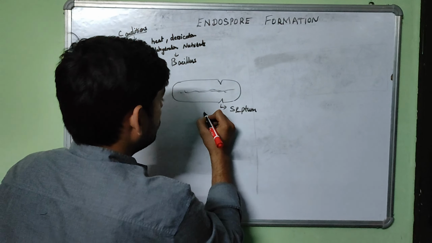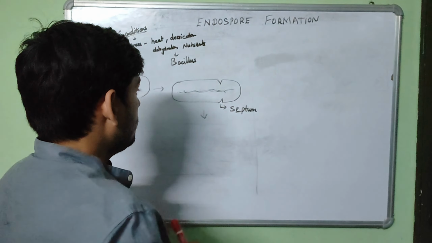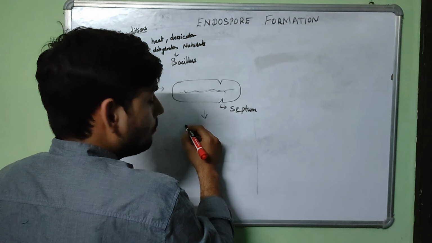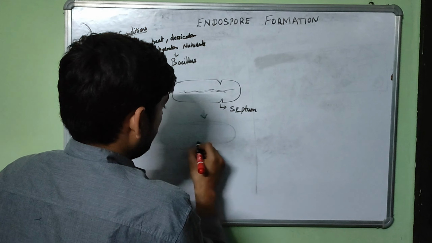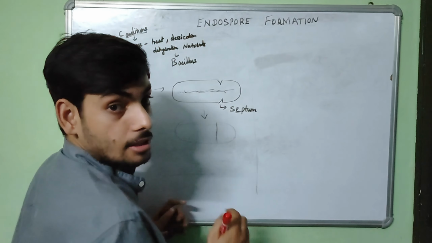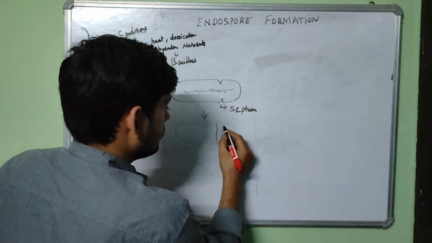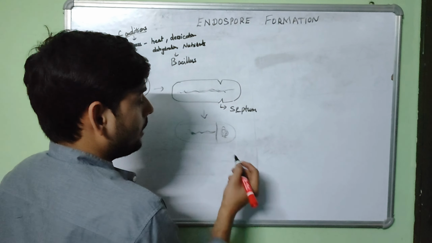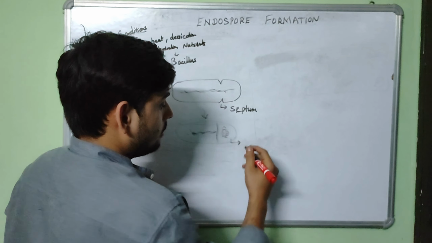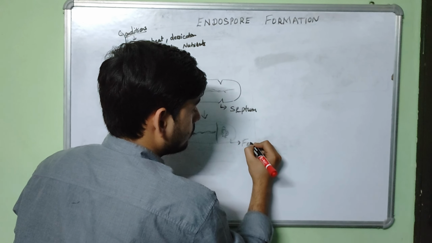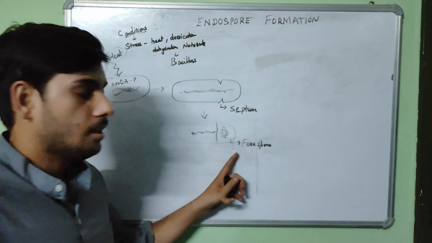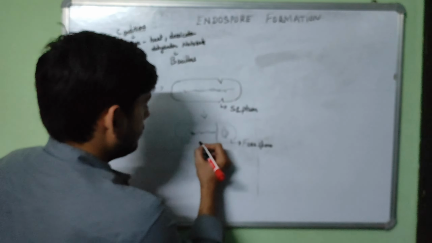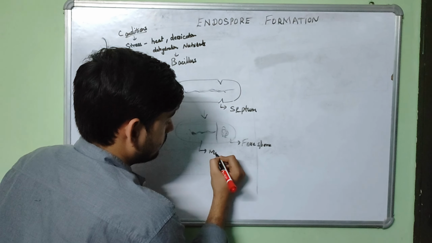After this, the septum will grow and divide the bacterium into two parts. One genetic material will be here, another will be here. This part here is called forespore, and this here is the mother cell.